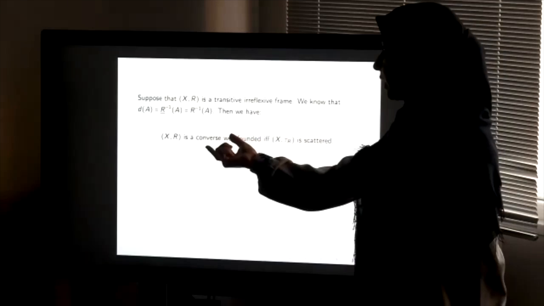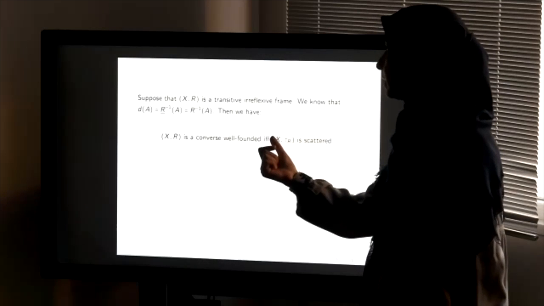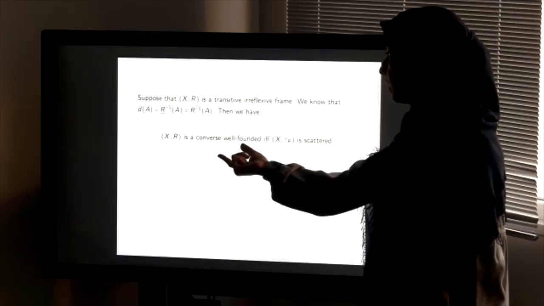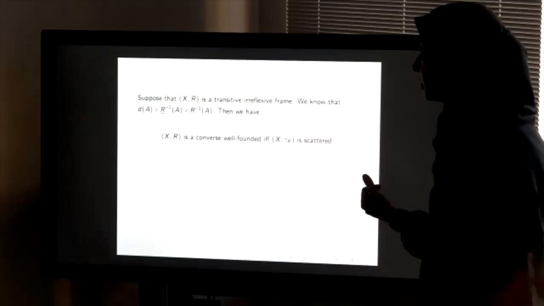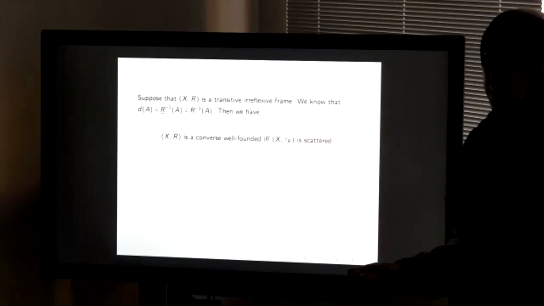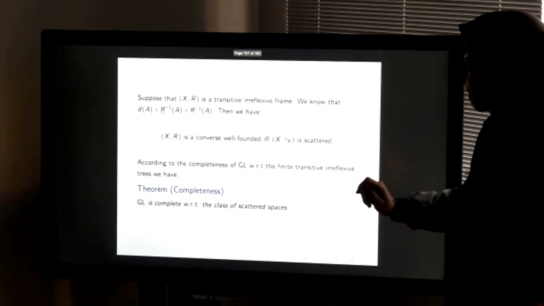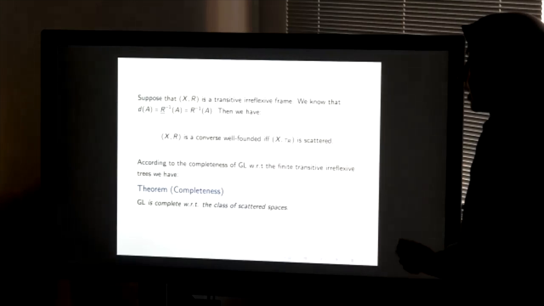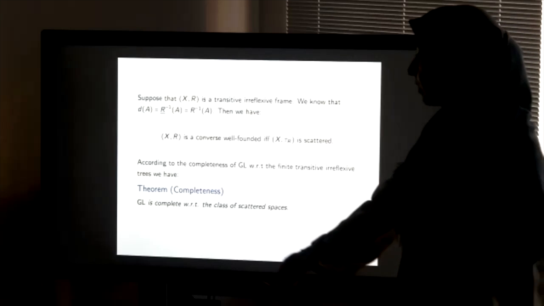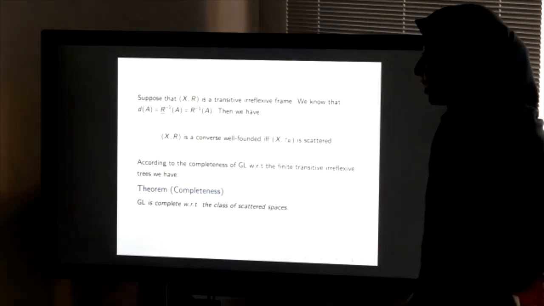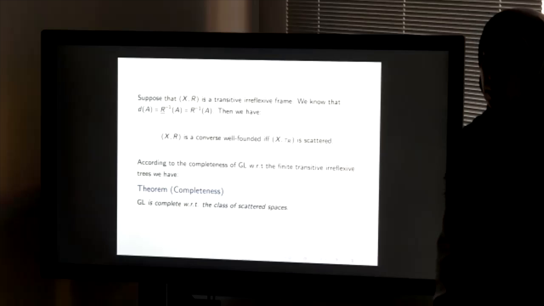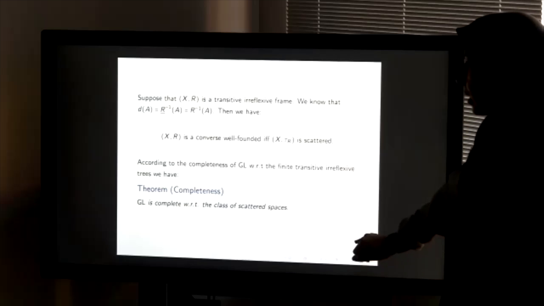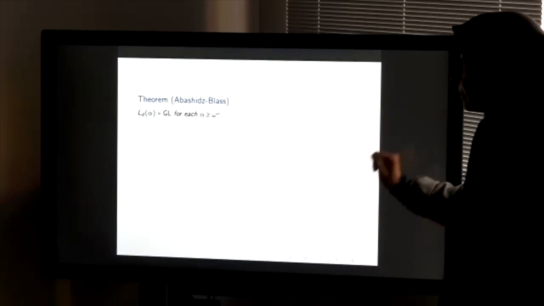So if I have a transitive irreflexive frame that is also conversely well-founded, its Alexandroff topology is scattered. According to this and the completeness of GL with respect to finite transitive irreflexive frames, we can prove that GL is complete with respect to the class of scattered spaces.